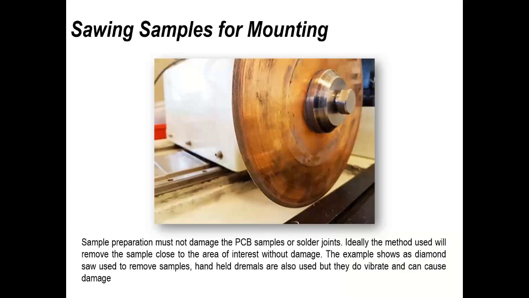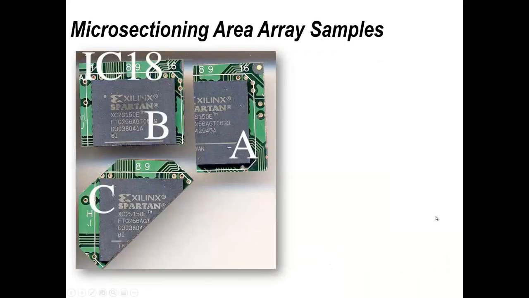But even with this technique, you would still cut away from the sample. You wouldn't cut close to the line of area of interest, be it a solder joint, plated through holes on a PCB, or some other area that you're particularly looking at. You're always working away from the sample to start off with.